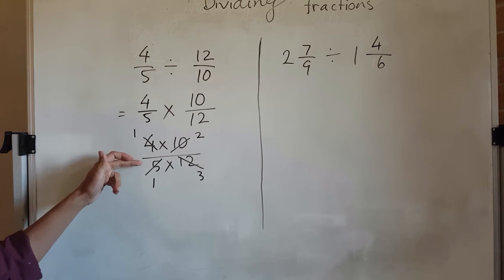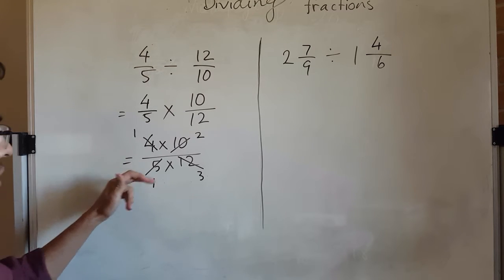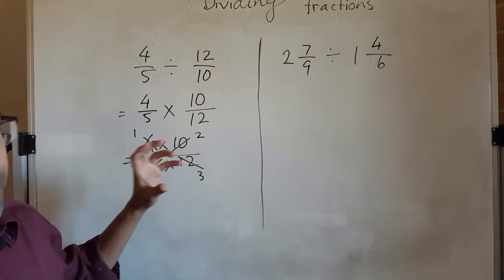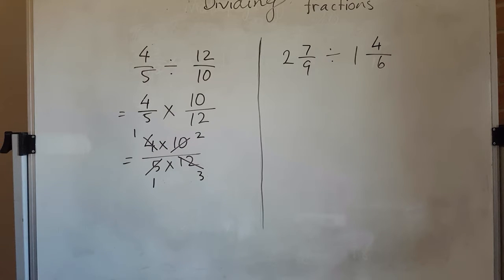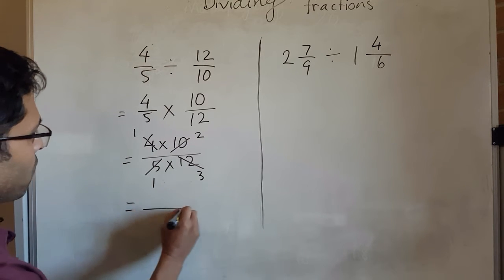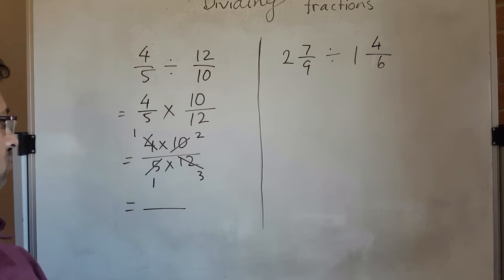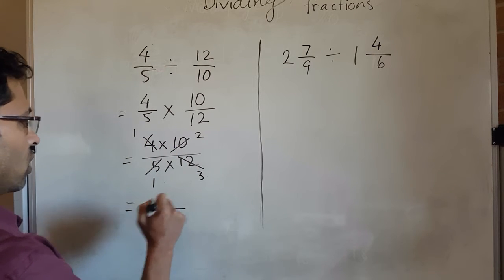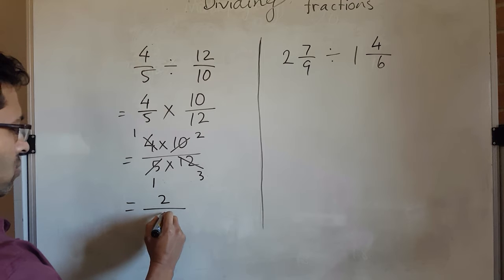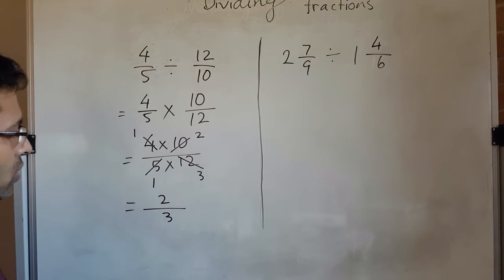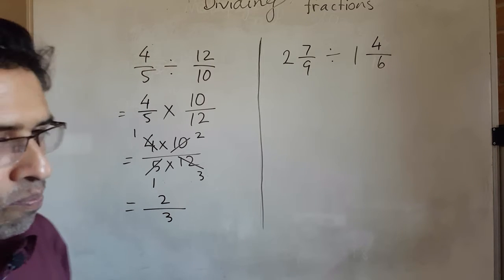So I'm dividing 5 by 5, which leaves 1, and 10 by 5, which is 2. Now we have 2 times 1, which is 2, and 3 times 1, which is 3. So the answer is 2 over 3.